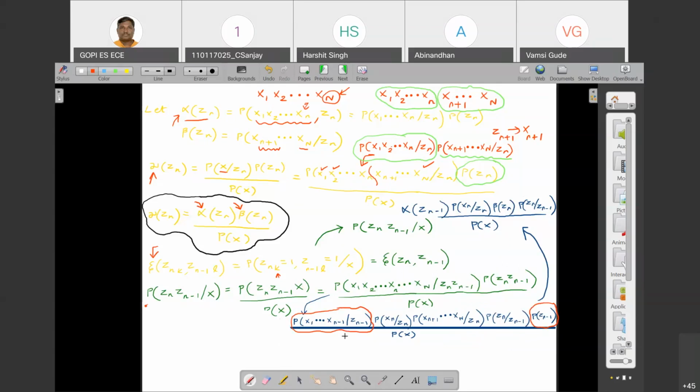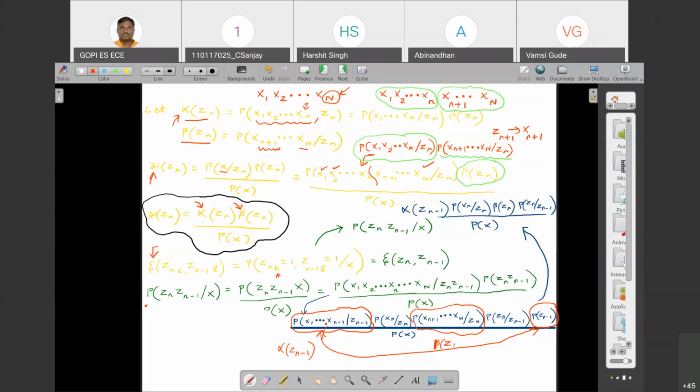I can replace that with alpha of Zn minus 1. And this one, xn plus 1 all the way up to xn given Zn, is like beta, so we can write it as beta of Zn. So combining these two ends up with alpha of Zn minus 1, and this one becomes beta of Zn.